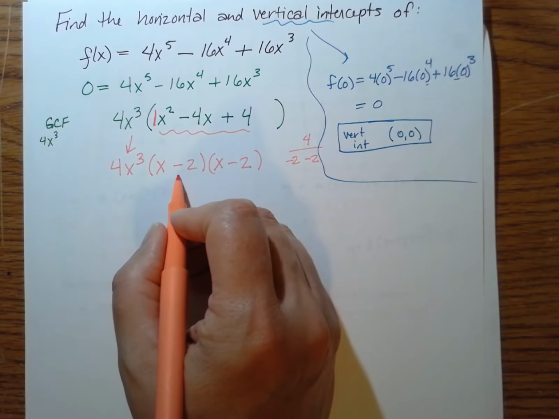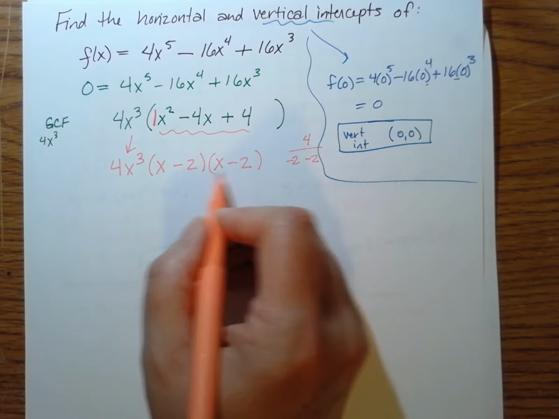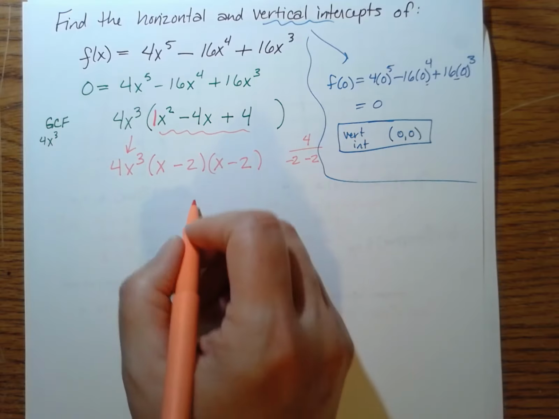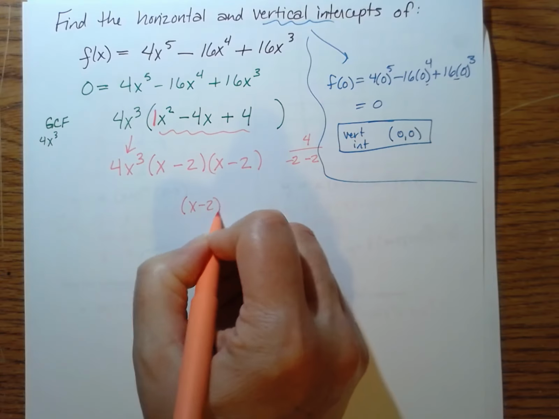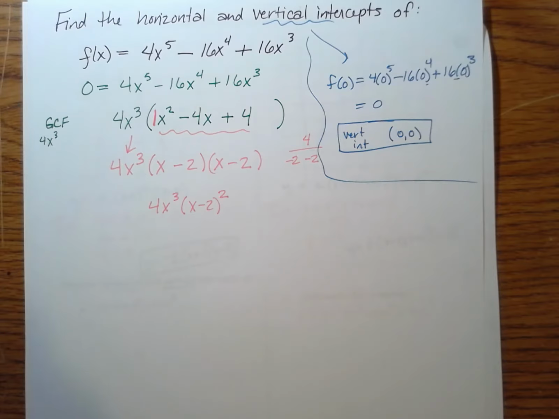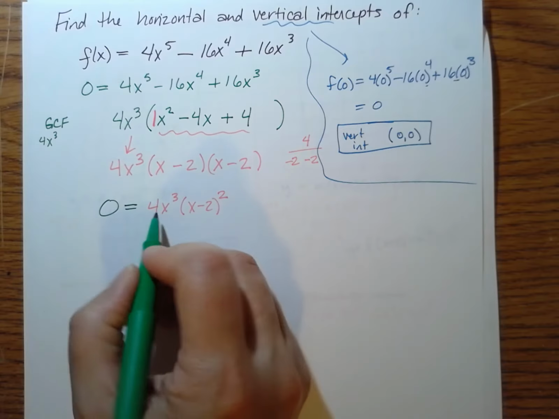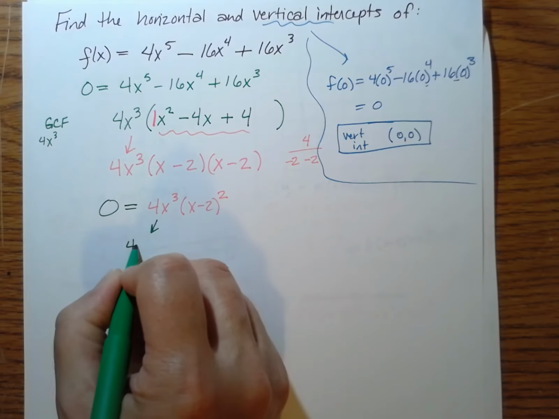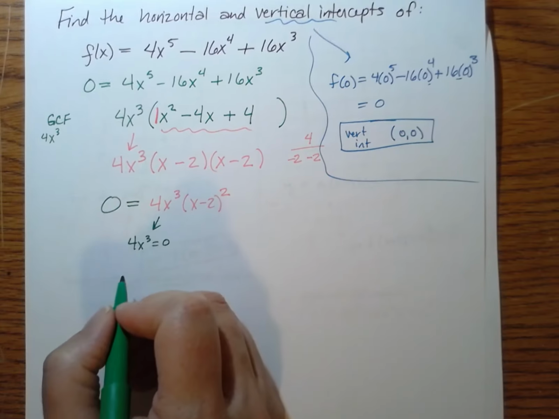All right, well that's the same factor twice. So this is a multiplicity situation. I'm going to say I've got x minus 2 and it's squared and 4x cubed. Okay, setting all of these equal to 0, one at a time, we'll say 4x cubed equals 0.